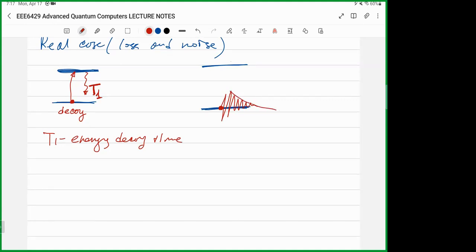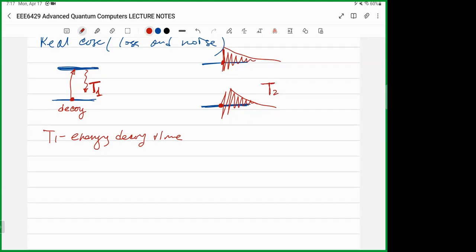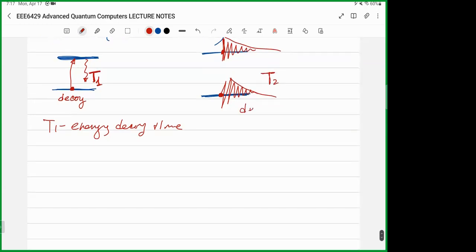And if your atom is in the excited state, again, you can excite it, and it will oscillate and decay like this, being in the excited state or in the ground state. And this process is described by this parameter T2, and T2 is the dephasing.